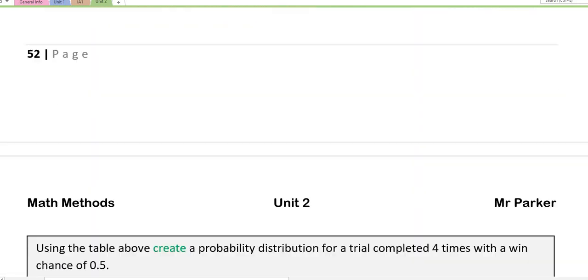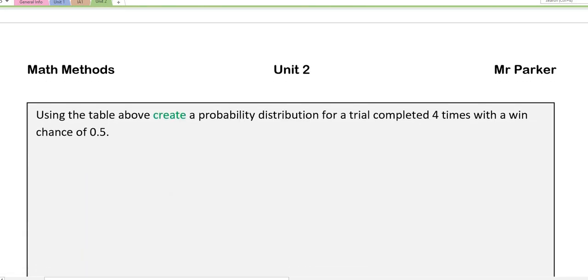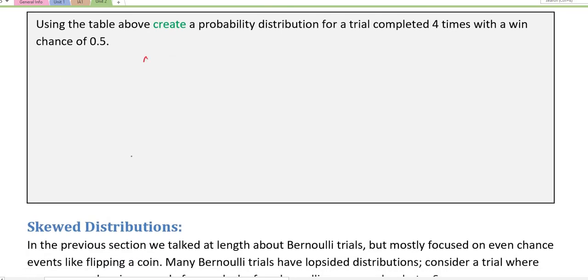Let's move on. Use a table to create a probability distribution for the trial completed 4 times with a win chance of 0.5. What scenario am I describing if it's a 50% chance, 4 trials? It's basically going to be identical to what we just did before with the heads and tails, isn't it? 4 trials, so the chance of 0 wins, 1 win, 2, 3, or 4.